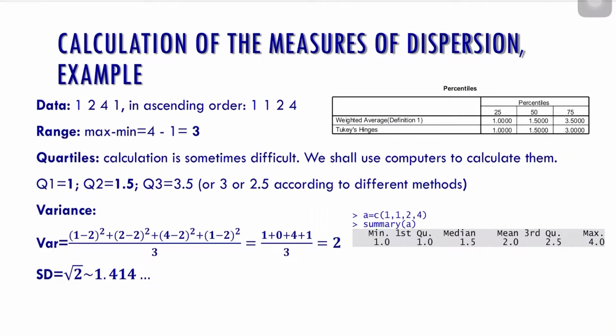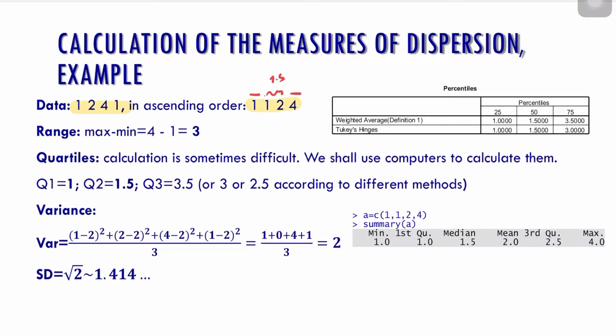For example, we have one example. It's very easy. We have a set of data, 1 to 4. We can sort them. For the median, 1 on the right and 1 on the left, the median is 1 plus 2 divided by 2, which is 1.5.